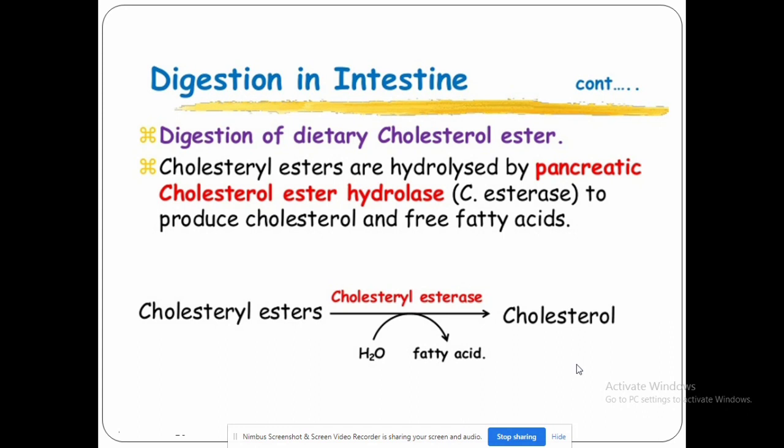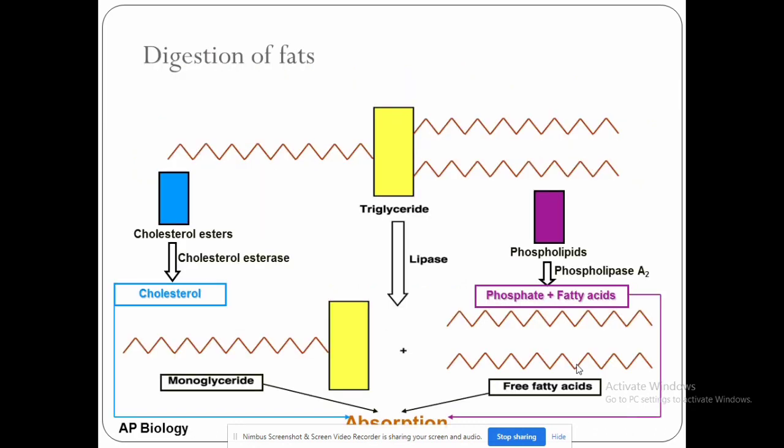Then the cholesterol esterase converts the cholesterol ester into cholesterol, and the free fatty acid is released. You can say that the triglycerides in the small intestine are being converted into monoglycerides and free fatty acids with the help of these three enzymes.